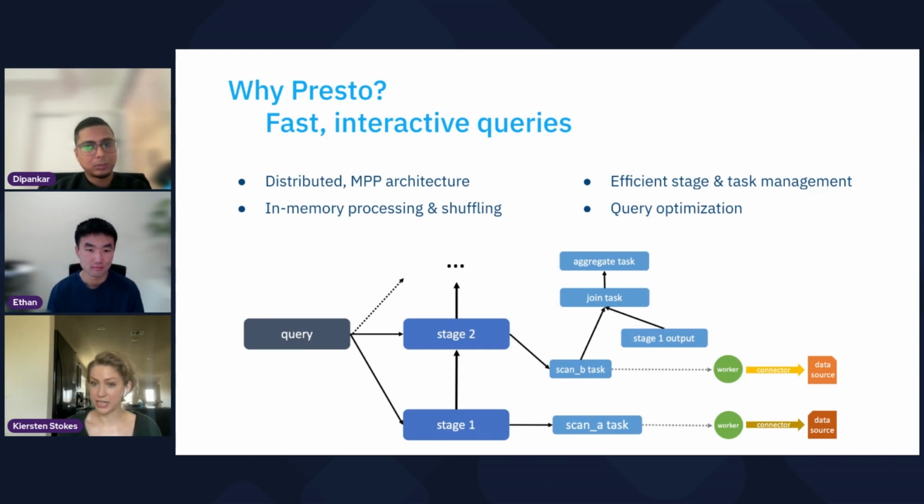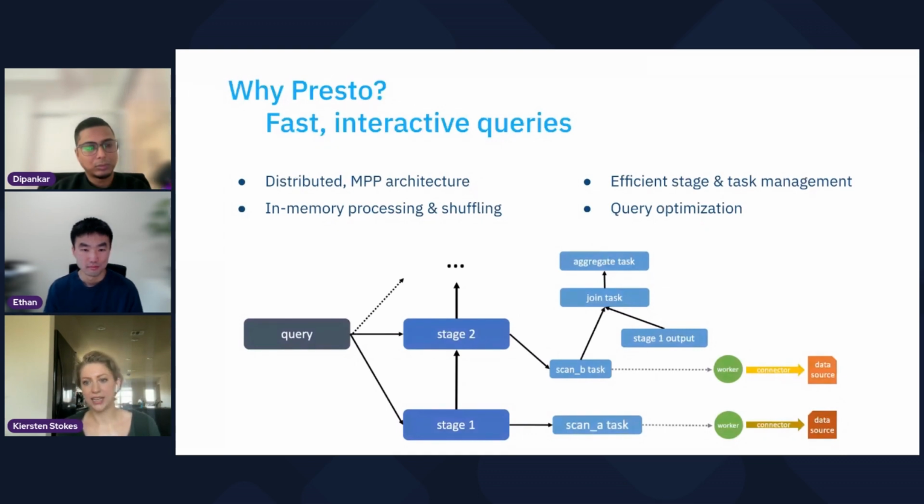So speaking of query stages, Presto also has an efficient stage and task management process. Again, if we take a look at the diagram, you can sort of see how Presto breaks down a query for analysis. So this portion happens in a coordinator node, and first an ANTLR parser converts the SQL string to an abstract syntax tree.